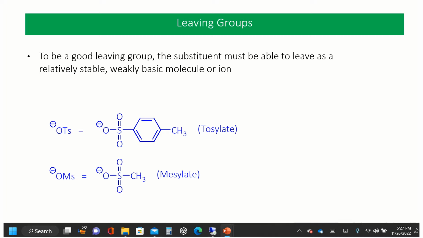Halogens, of course, are part of this, and you can see that also water, ammonia, neutral leaving groups.